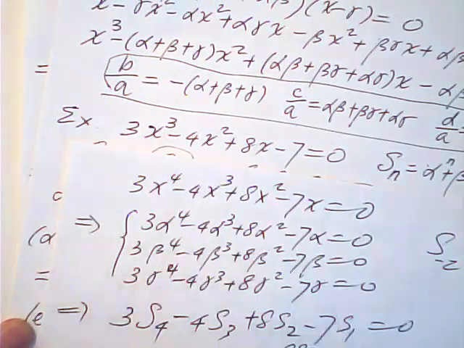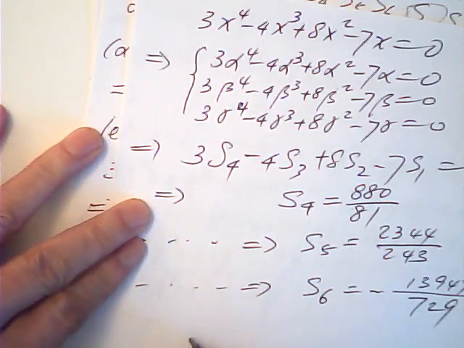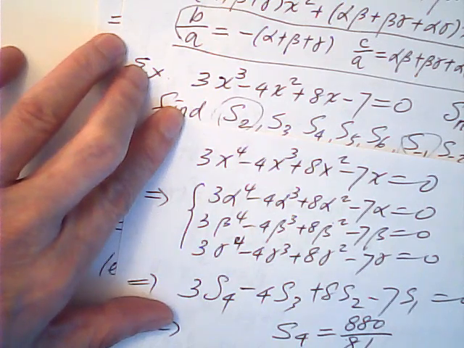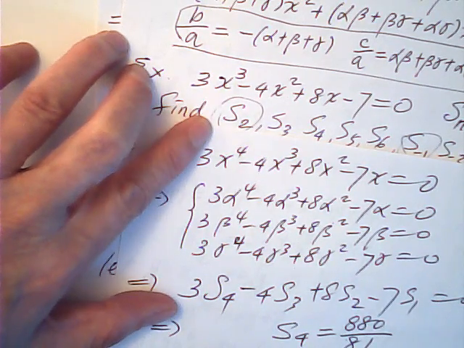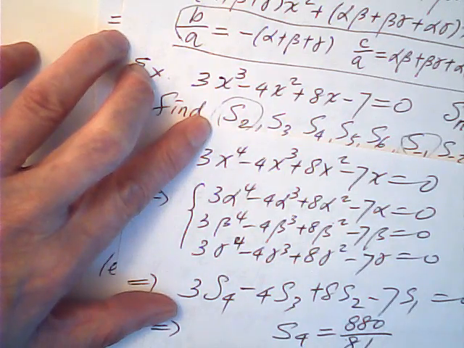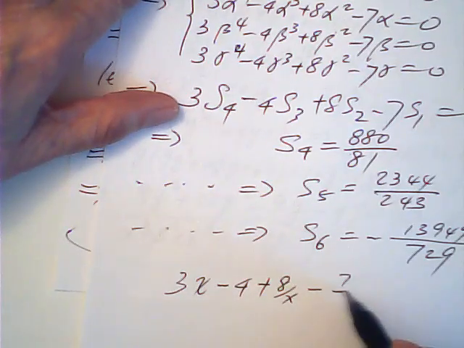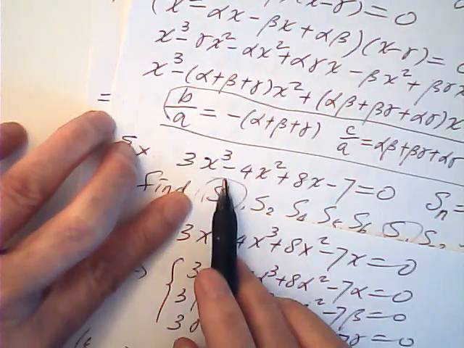Because x is not 0. So we have 3x minus 4 plus 8 over x minus 7 over x squared.